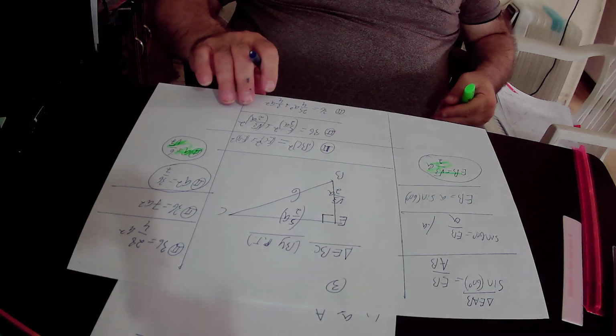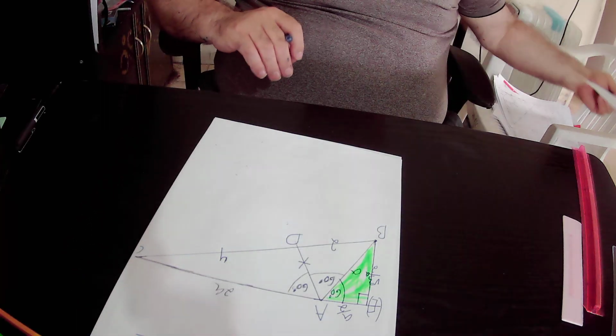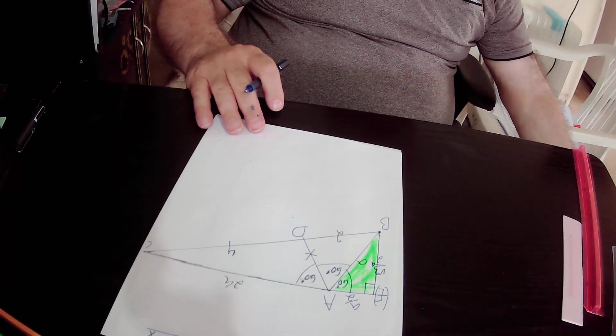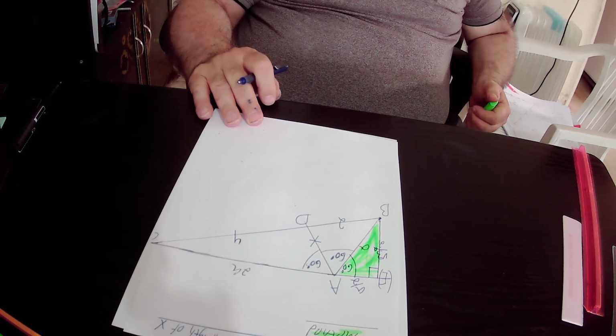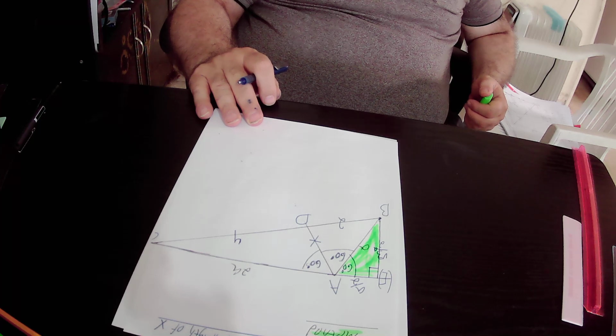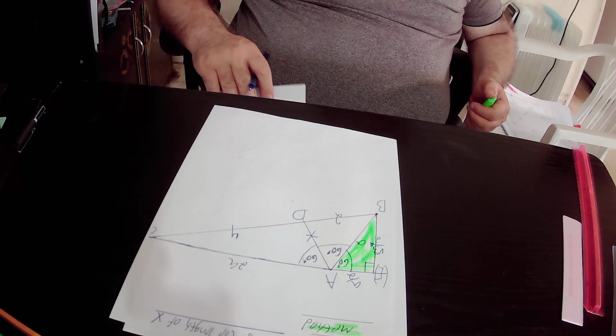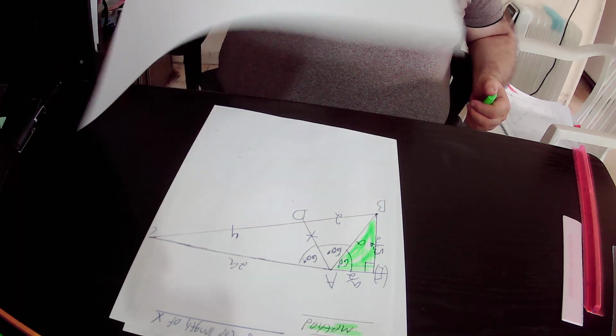In the next step, I will present to you a new rule that is related to the angle bisector. So here it will be rule number 3.